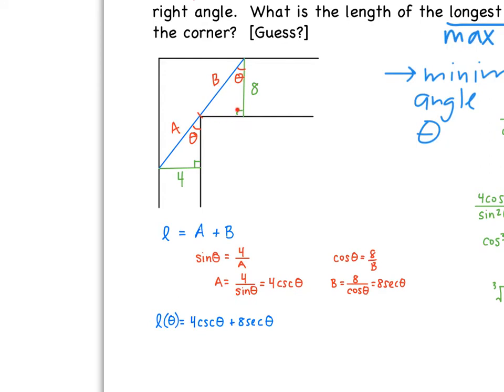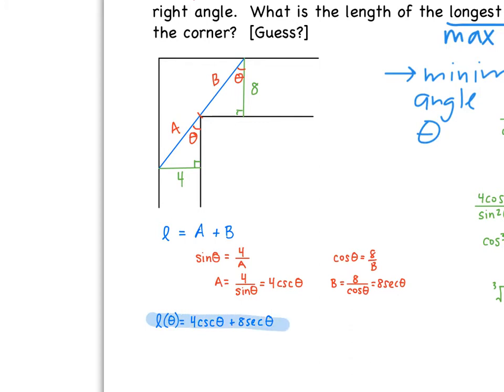Then we can do the same thing for B, only this time we have to use cosine. So cosine of theta equals 8 over B. And so B is really equal to 8 over cosine, or we could simply say 8 secant theta. So really what we have is our length of the ladder in terms of theta is equal to 4 cosecant theta plus 8 secant theta.